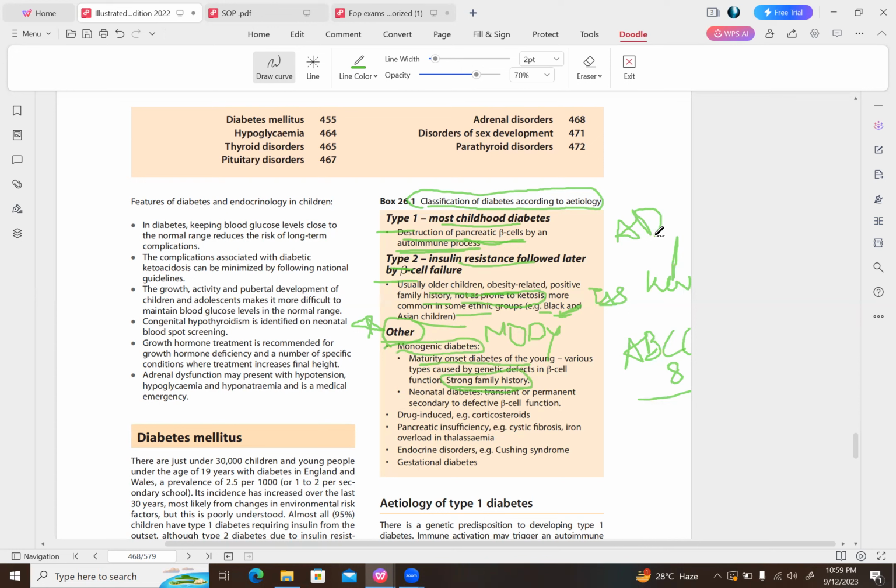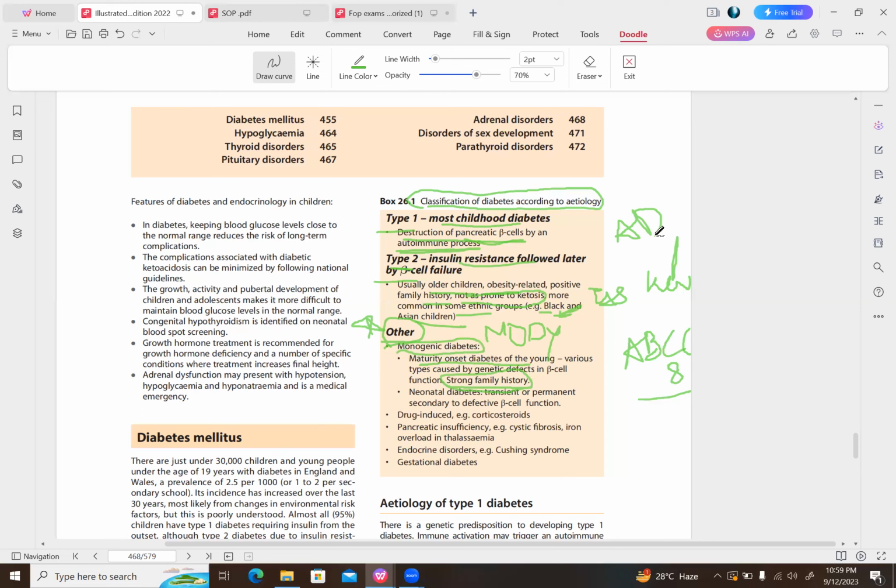Rare causes include mutations in the mitochondrial DNA, maternally inherited diabetes and deafness syndrome, Kearns-Sayre syndrome, and those where insulin sensitivity is impaired by genetic defects in the insulin receptor signaling.